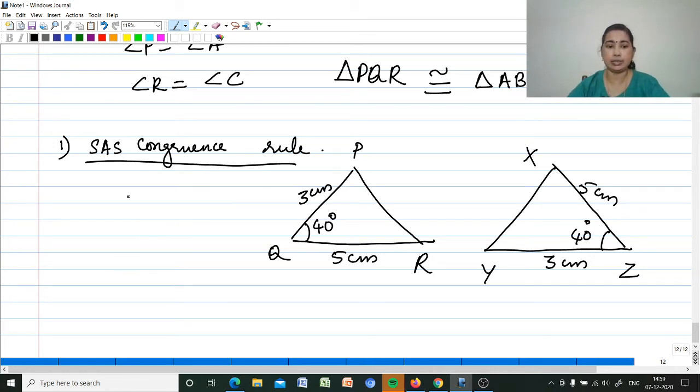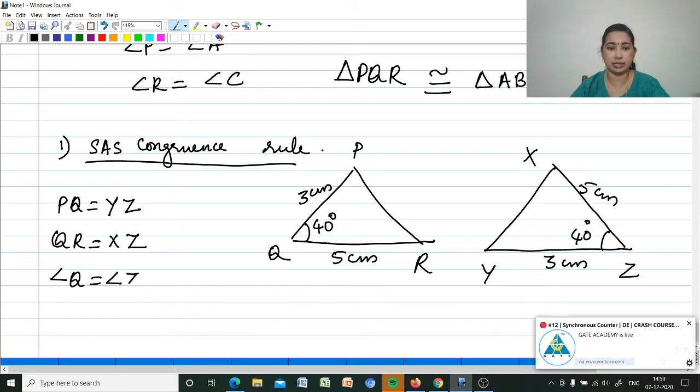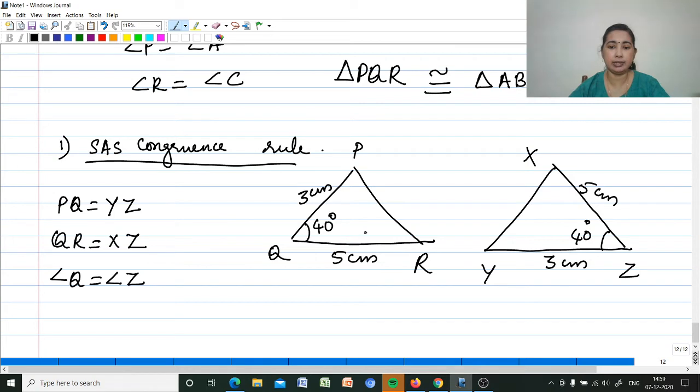So in this case we can say that PQ is equal to YZ, QR is equal to XZ and angle Q is equal to angle Z. So we can say that the two triangles are congruent because the two sides and one included angle of the first triangle are equal to two sides and one included angle of the second triangle.